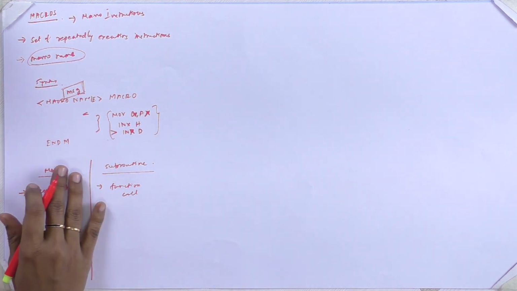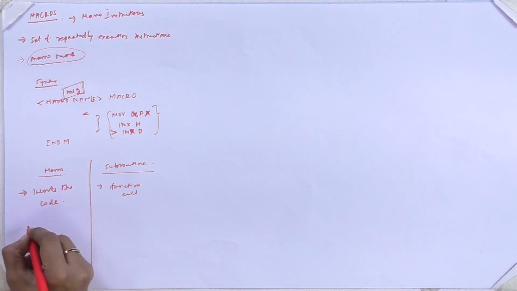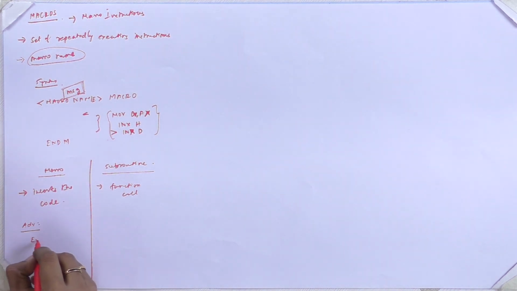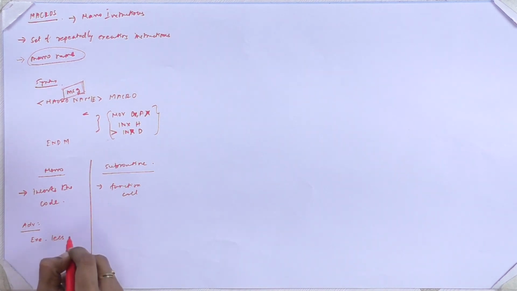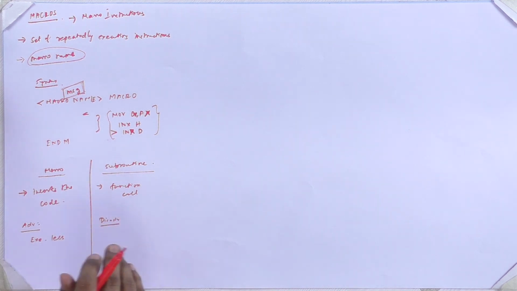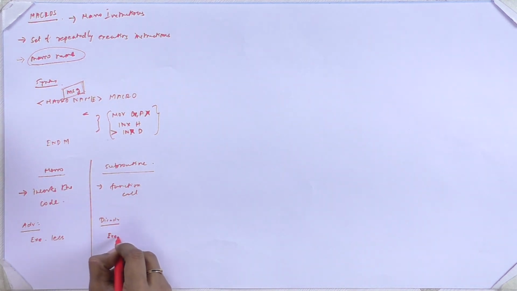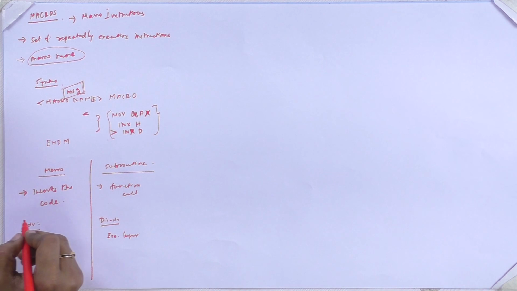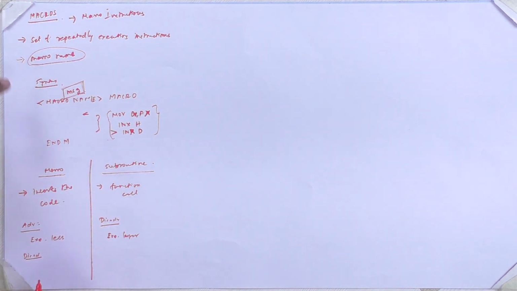So the advantage of a macro is that execution time is lesser. The disadvantage of a subroutine is that, since there is a transfer of control, execution time will be larger. The disadvantage of a macro is that, since the code is inserted again and again, the exe file becomes lengthier.